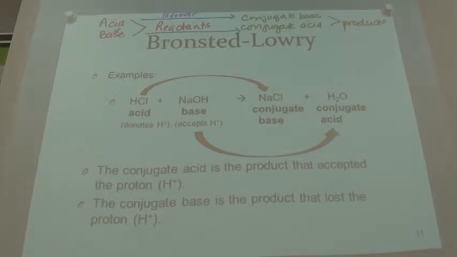So if it's the base in the reactants, it's the acid in the products. And remember, an acid donates a hydrogen ion, and a base accepts a hydrogen ion. So conjugate means leftover for you, and you always put the opposite than what happened in the reactants. So the first thing you're going to have to do is identify what's the acid and what's the base in the reactants, and then in the products name the leftover opposite.